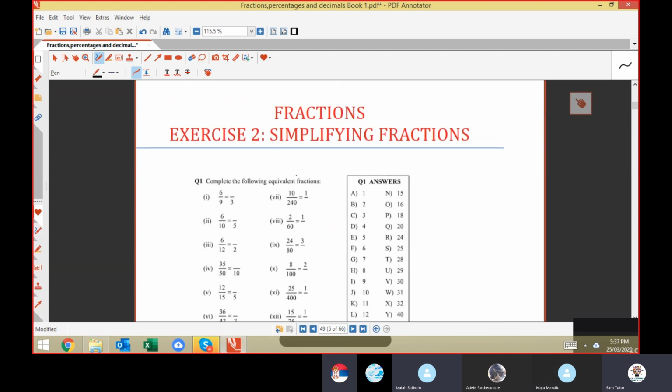So simplifying fractions is exactly the same, except we're going to be dividing, unless you find multiplication easier. So let me know and I'll do it two ways if you don't understand the first way. Same thing, we've got to get a 9 into a 3. How do I get a 9 into a 3? Divide by 3. So then 6 divided by 3 is 2.